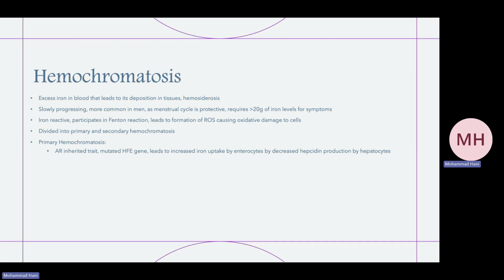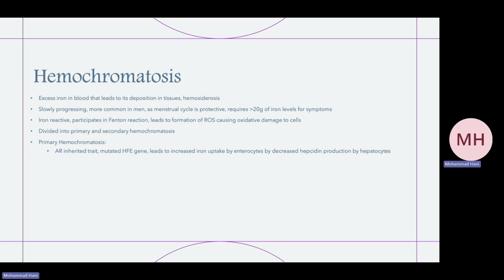It is the mutation of the HFE gene, which encodes for the HFE protein. Now, how this works is a normal HFE protein is required by the hepatocyte to sense iron levels in blood by interacting with transferrin, the iron transporter protein.